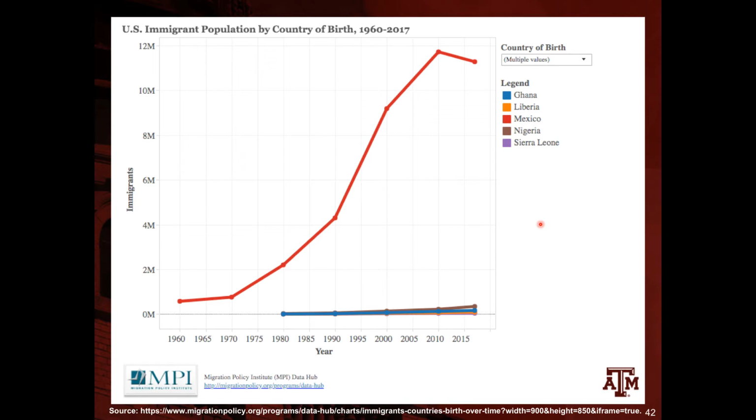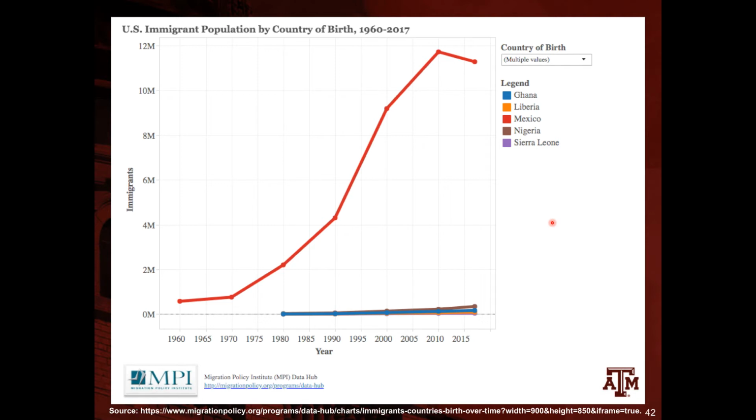Why I selected these specific ones is to show that, although we don't have data that goes back to 1960, we see an increase in the number of immigrants from Ghana, Liberia, Nigeria, and Sierra Leone. So again, these are West African countries with English as the first language.